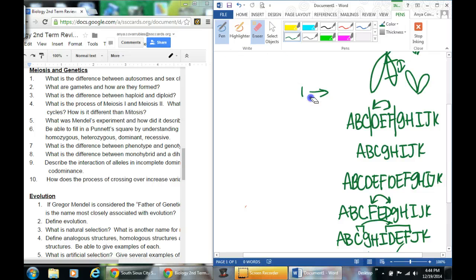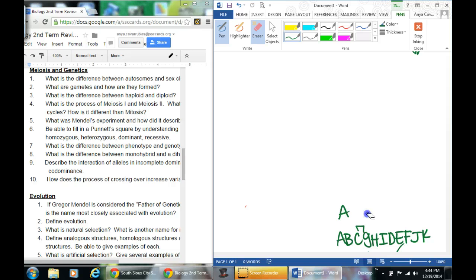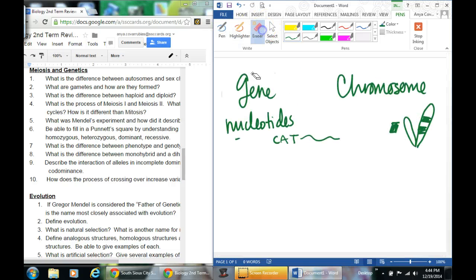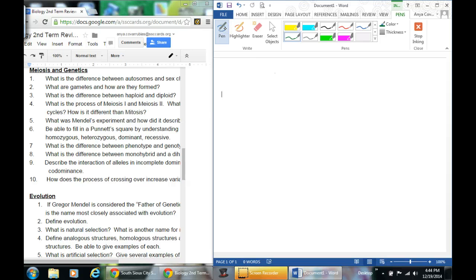Okay, so meiosis, remember, is what happens to make our sex cells. Okay, so we have autosomes, or somatic cells, and we have sex cells. And sex cells use meiosis, and somatic cells use mitosis.